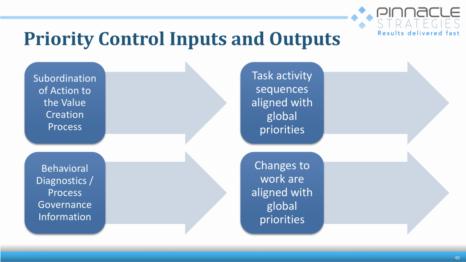Coming out of the prior step, what's necessary is that we have subordination of action, and we have our process governance information. What we get is task activity aligned with the global priorities, and the changes are aligned with global priorities. So part of this is implementing a change management process, right?